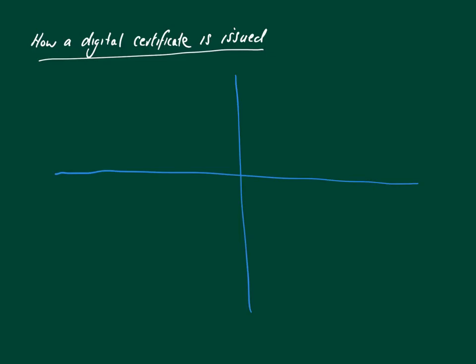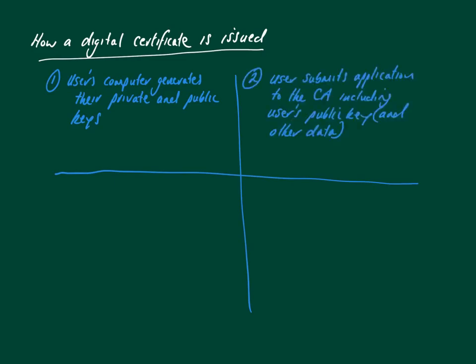Number 1, the user's private and public key is generated. Number 2, the user submits an application to the certificate authority, and they include the user's public key, obviously, and other details that we talked about on the last slide. The data is encrypted using the certificate authority's public key.